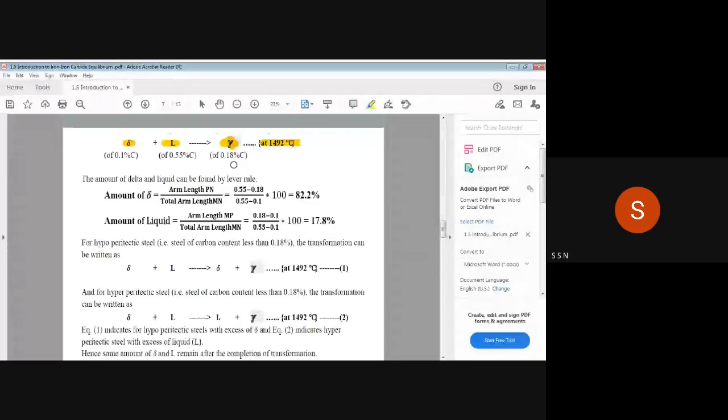For gamma we call it austenite, for delta and alpha we call it ferrite. Delta is for the carbon content up to 0.1%, the liquid is from 0.55% of carbon, and gamma has 0.18% of carbon.